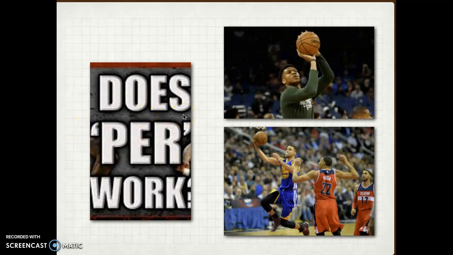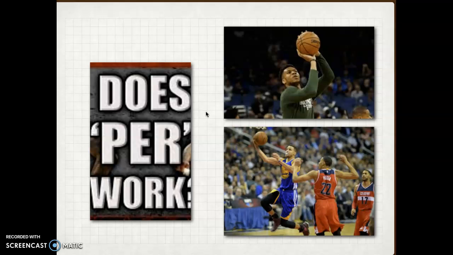And when it comes down to everything, does PER work? I think PER works definitely in basketball, and when it comes to basketball in the NBA, you can understand why they use it.